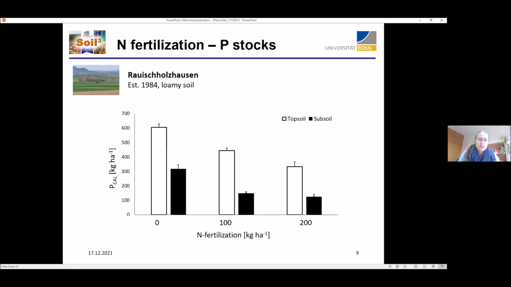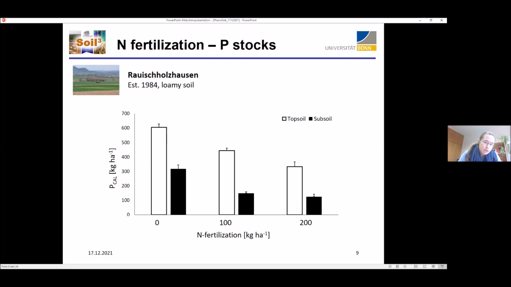In this field experiment in Wolfratshausen, we have different levels of mineral N fertilization. There are treatments that do not receive any mineral N fertilizer at all for the past 30 years. And there are treatments that receive 100 or 200 kilogram per hectare and per year.